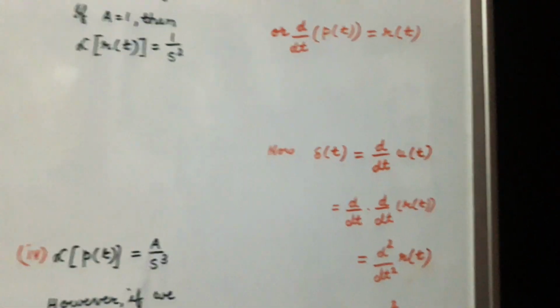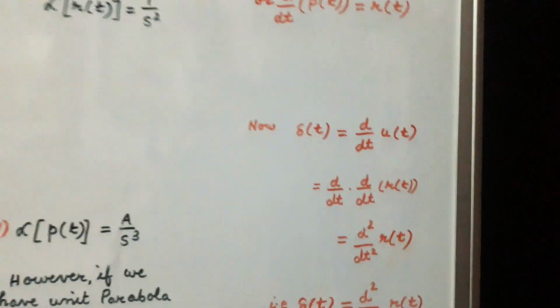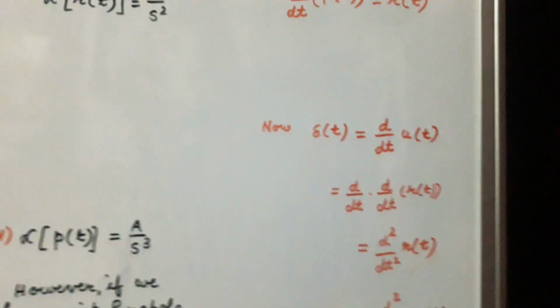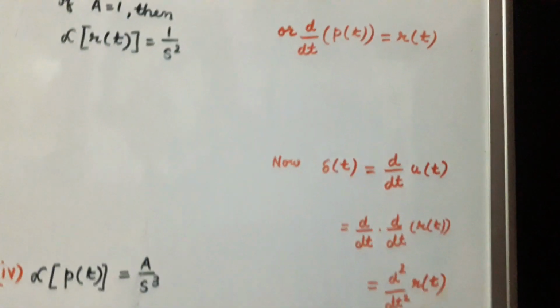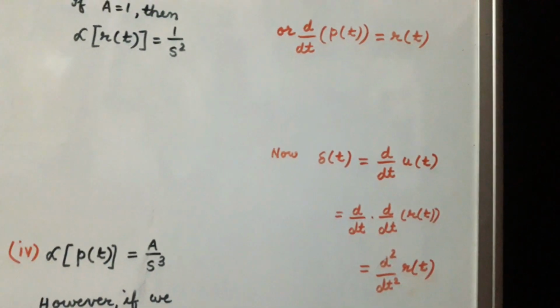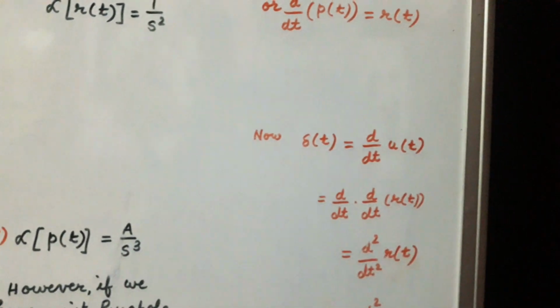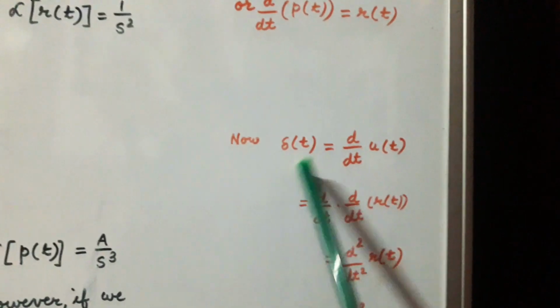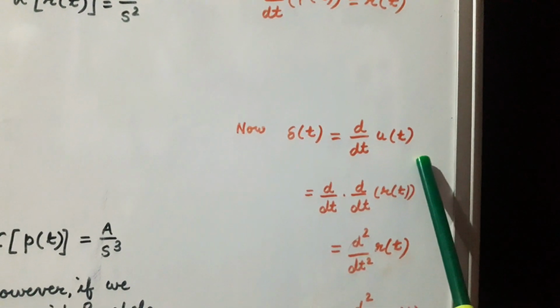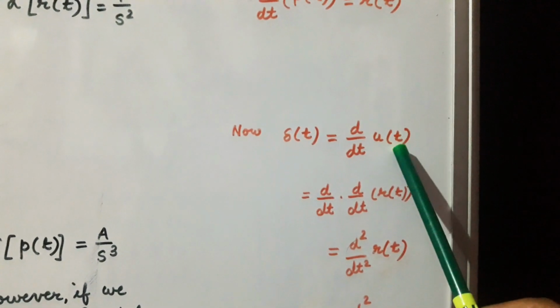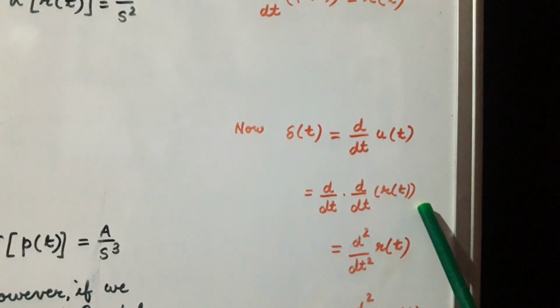We can also express any test signal in terms of the other test signals. Suppose we have to express the impulse signal in terms of the ramp signal, then we know that delta t is d by dt of u(t), and we also know that u(t) is d by dt of r(t).